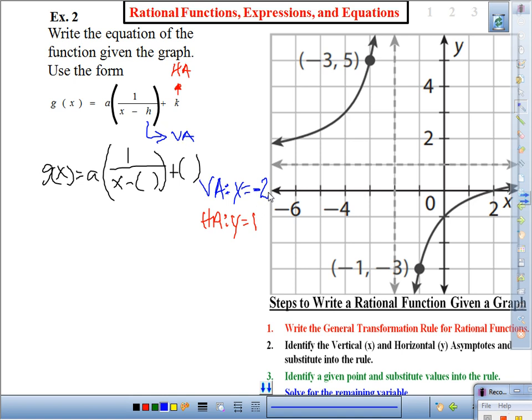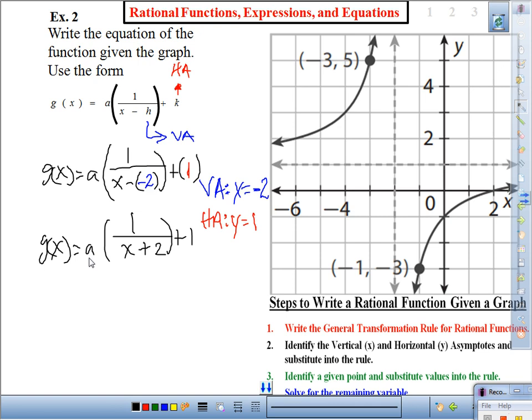Instead of h, the vertical asymptote is what? Negative 2. And instead of k, what am I substituting in there? 1. All right, let me rewrite that one more time just to make sure you're following along. G of x equals a, parentheses, 1 over x plus 2 plus 1. So this looks like what we've been doing. Is that correct?